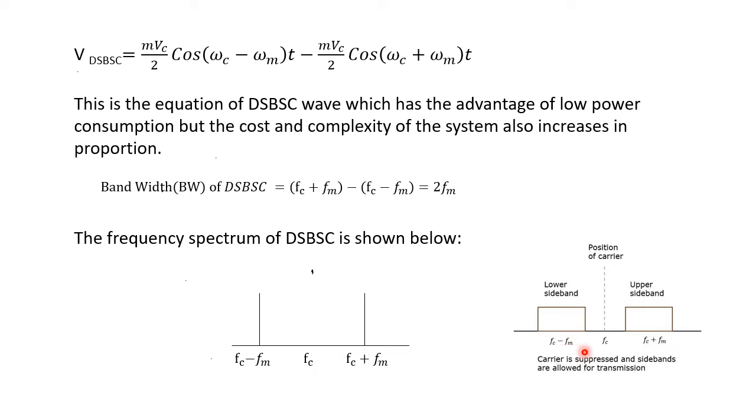Similarly, in the lower sideband, the upper edge will have the frequency fc − 20 hertz, and the other edge will be fc − 20 kilohertz.